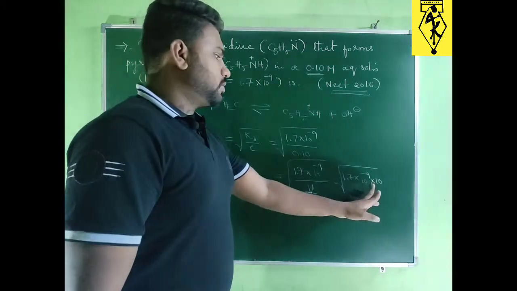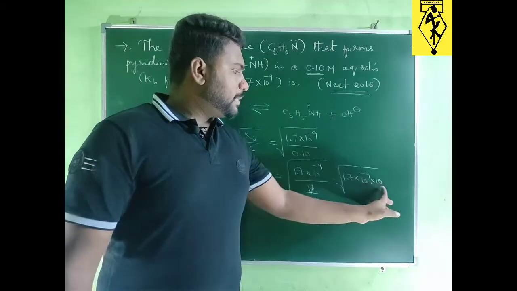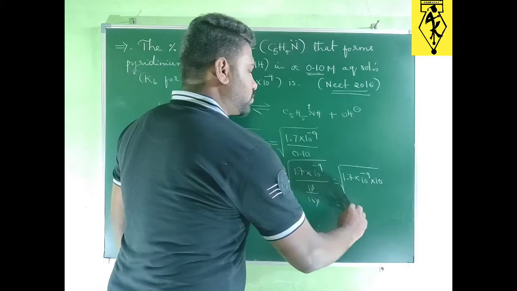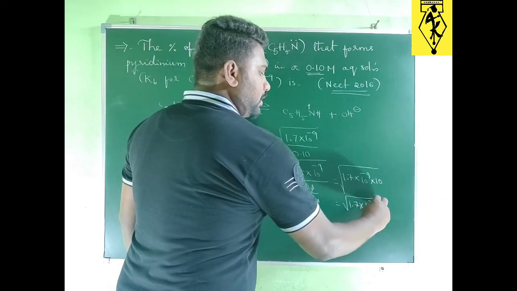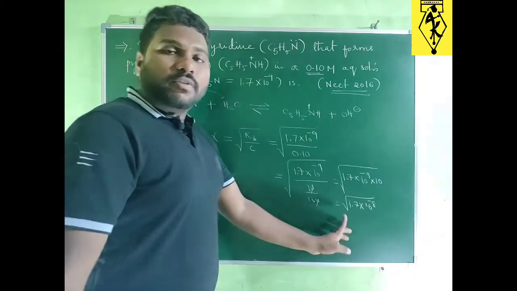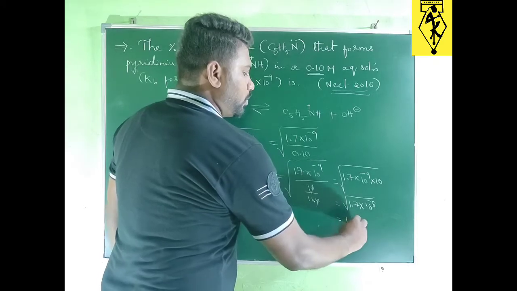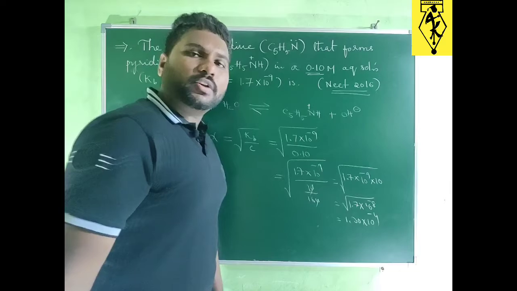Here the bases are common, so we can add powers. So that is equal to square root of 1.7 into 10 power minus 8, because we added powers. 1.30 into 10 power minus 4 you will get.